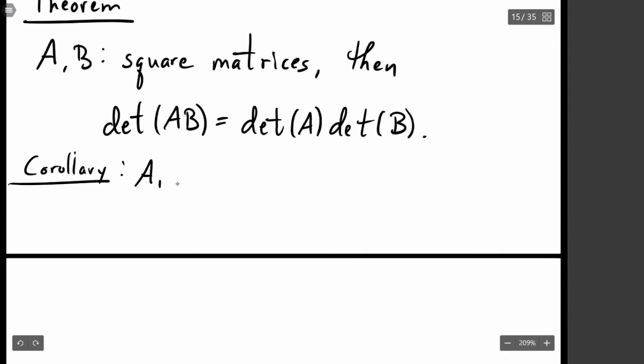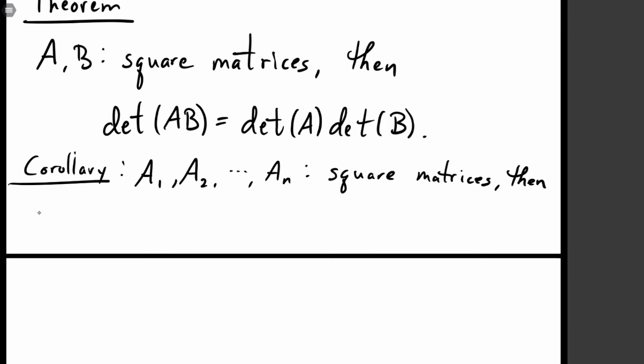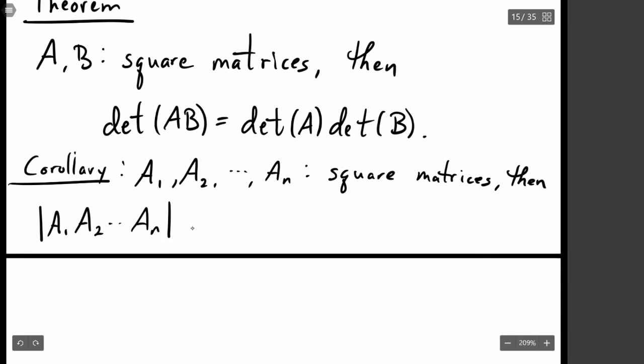So I'm going to write this as: if A1, A2, up to AN are square matrices, then, using the other determinant notation just because it'll make this shorter, the determinant of A1 times A2 times up to AN, the determinant of a big product of matrices, is just the product of the individual determinants.